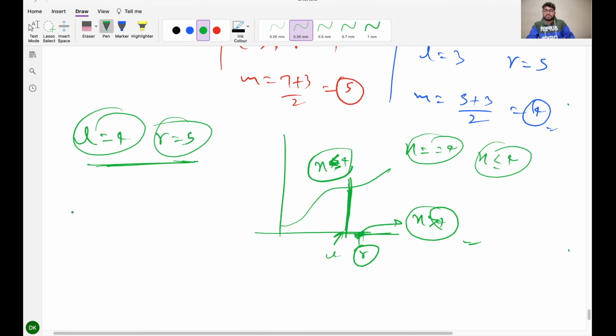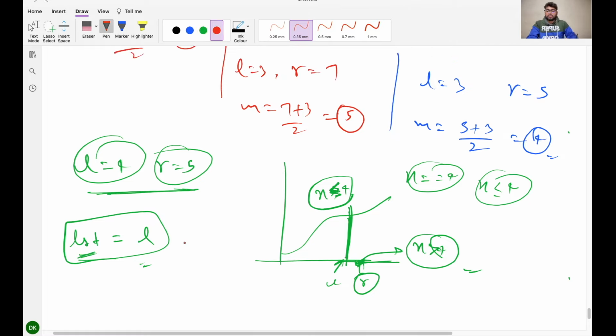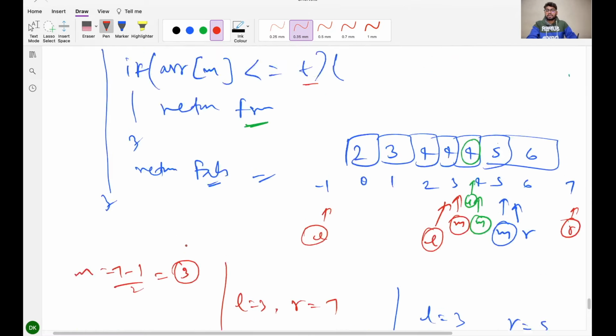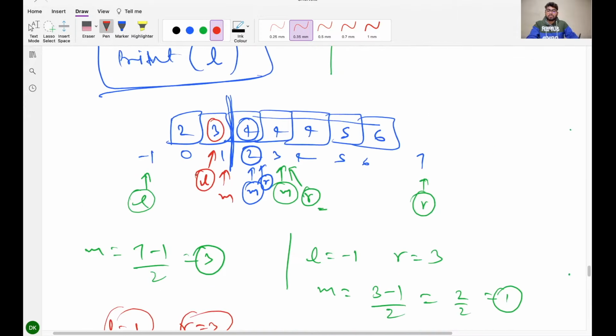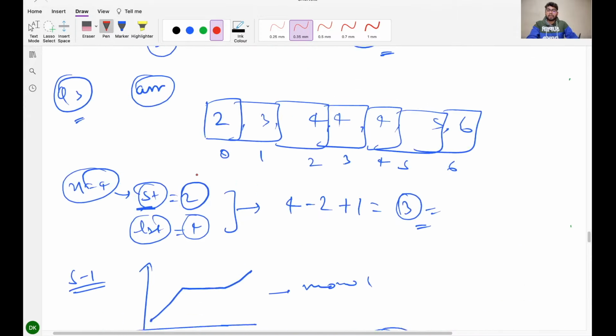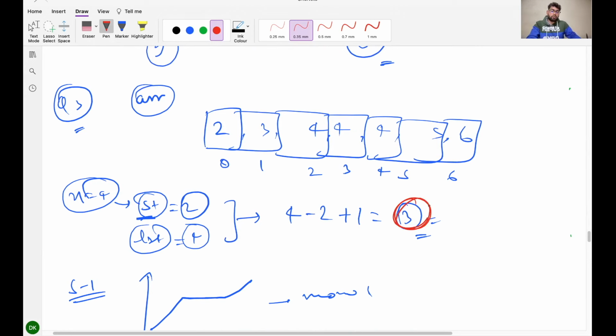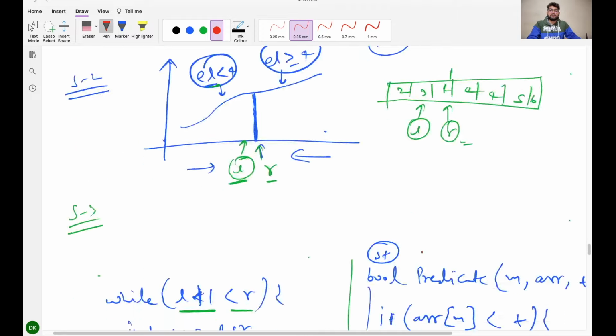So for this I just have to return my last index as L. Here I can find out my last index and my starting index, so I can easily find out how many 4s there are in the array by taking the difference: last index minus first index plus 1.